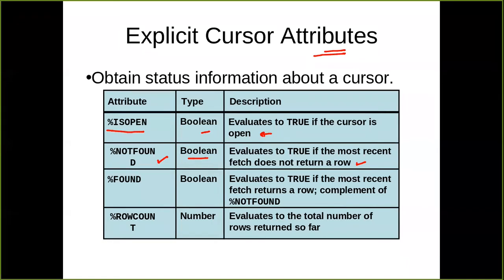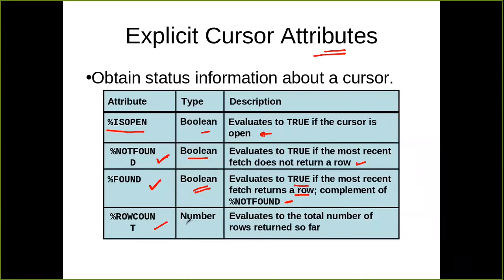Then percentage found, again a boolean type variable, evaluates to true if the most recent fetch returns a row. It is the complement of not found, the opposite of not found.